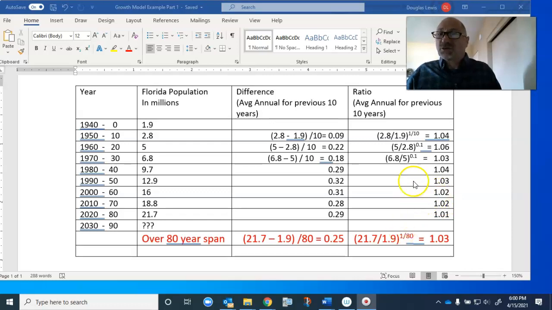But anyway, for the overall 80-year span, we don't add these up and divide by 10. You take the 21.7 divided by the 1.9 and take the 1/80th power of that. Okay, and that gives me 1.03. So that means there was a 3% growth rate average over the last 80 years.